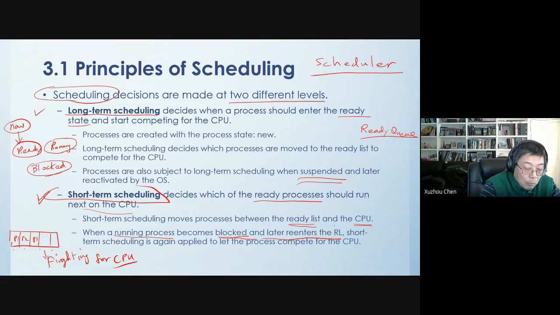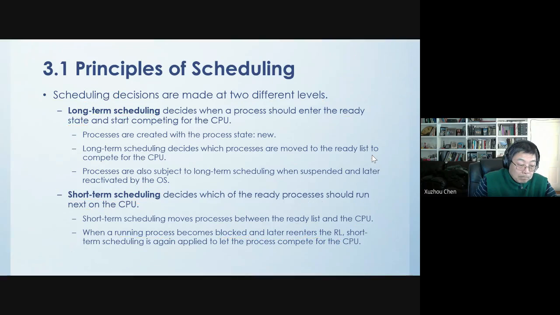Later, when the data is available and everything's ready, the short-term scheduler is going to put the process back into the ready list, and then it fights for the next CPU turn. So that's the other task that the short-term scheduler is going to do.